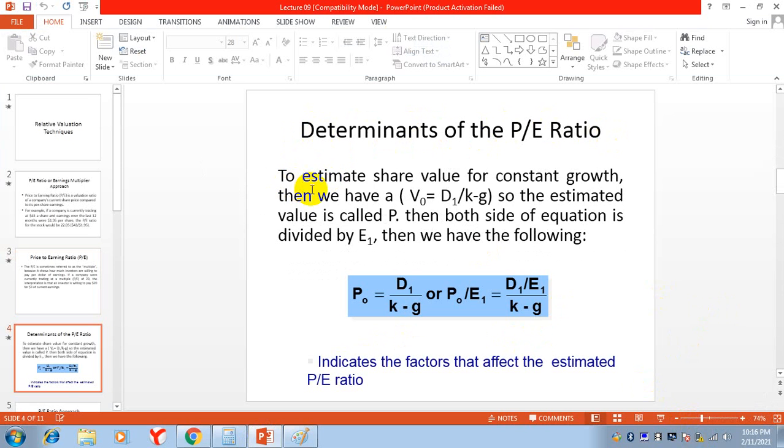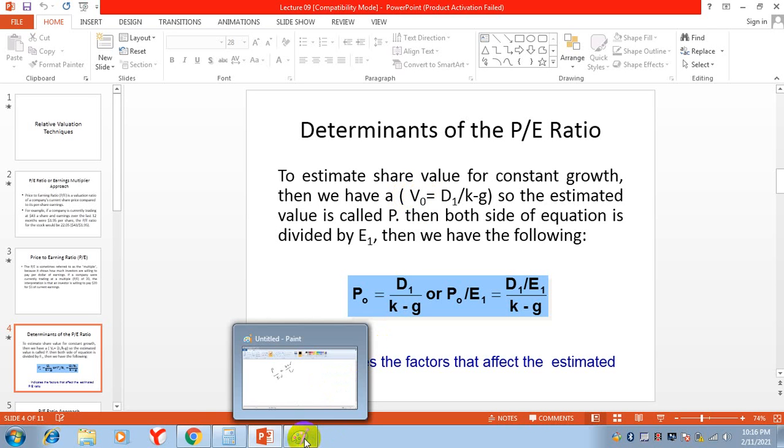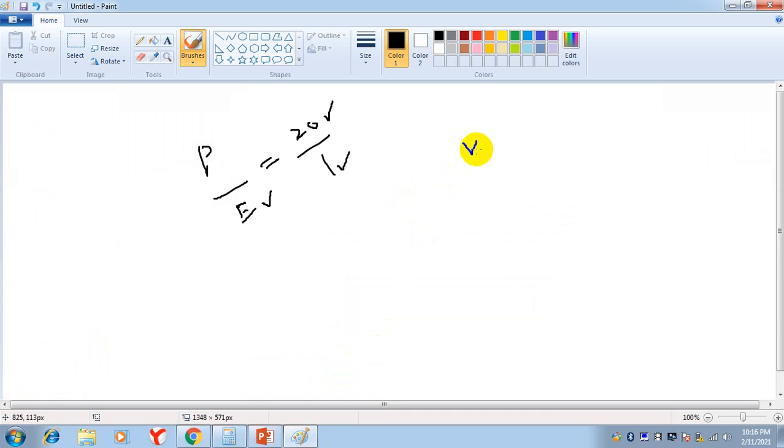Determinants of price to earning ratio. What are the determinants of price to earning ratio? When we are calculating the value, V naught is equal to D1 divided by K minus G. Here D1 is the dividend, K is the discount rate, just like in the previous class we discussed, and G is the growth rate.